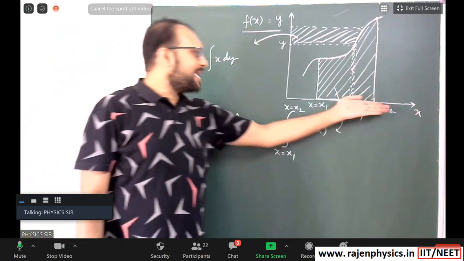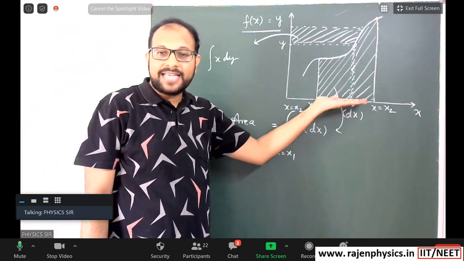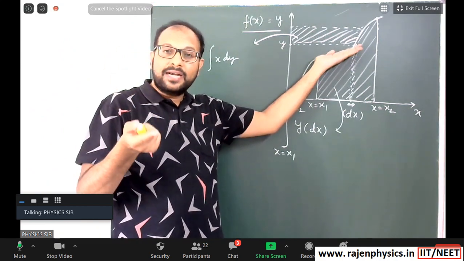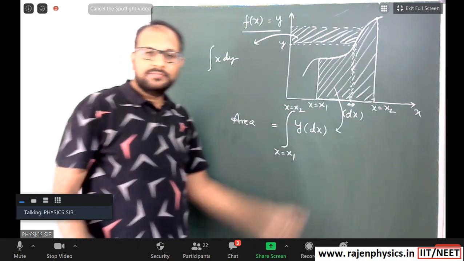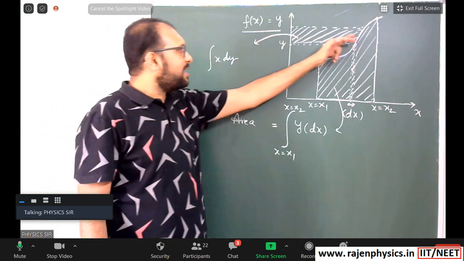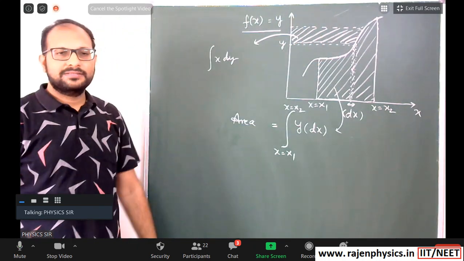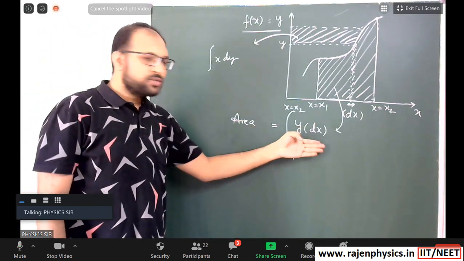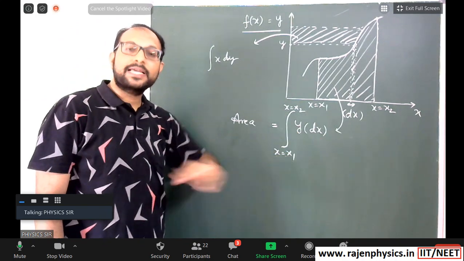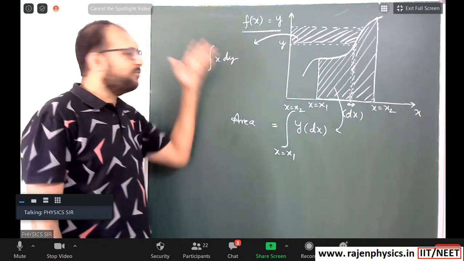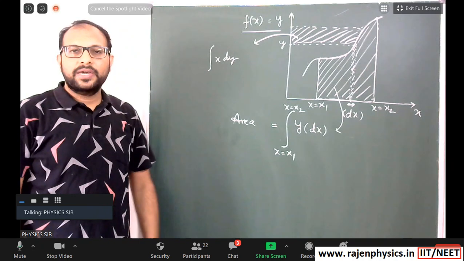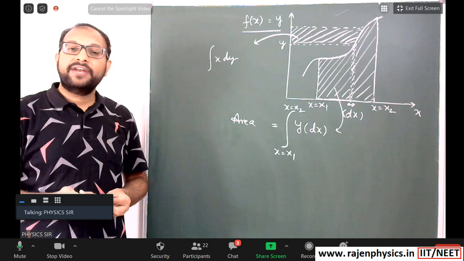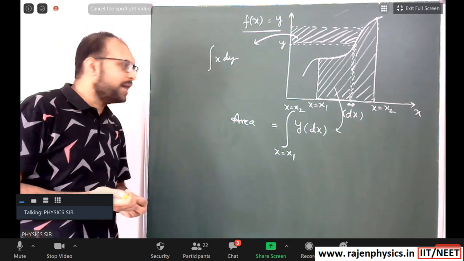In between the x-axis and the curve, the area is this. In between the y-axis and the curve, the area is this. But now our concentration is only on this. Suppose if you need this, go for it. That is the meaning of integration first. Now I will explain how to integrate different functions.